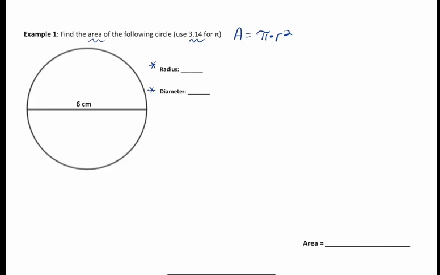This 6 right here is along this long line, so I'm going to assume that it represents the diameter. So the radius of this circle is half that. I'm just estimating where it is, but half of 6 is 3. So that's 3 centimeters right there.